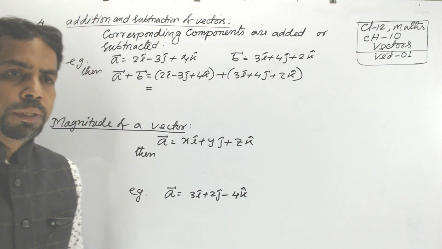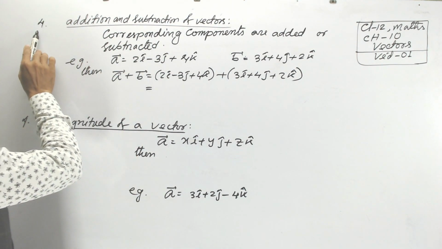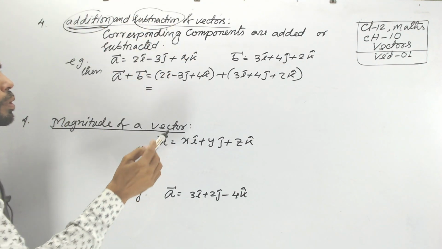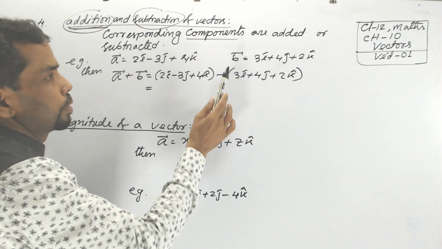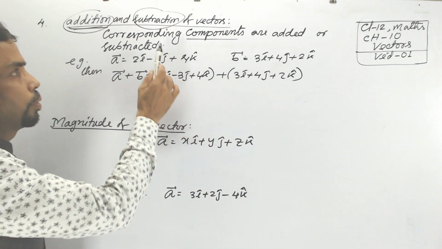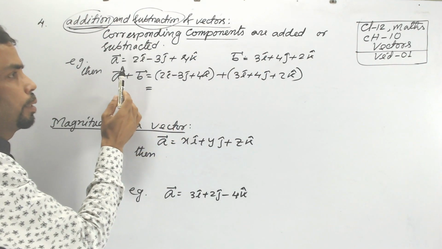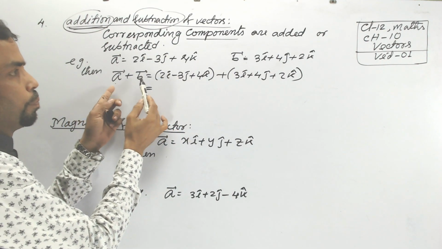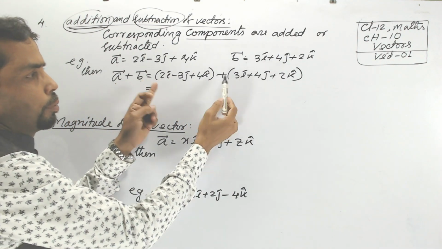The next topic is point 4, addition and subtraction of vectors. Corresponding components are added or subtracted. Components means i, j, k. I have taken an example: A is a vector, B is a vector, and I am finding A plus B. So this is A, this is B. I have to add the two.